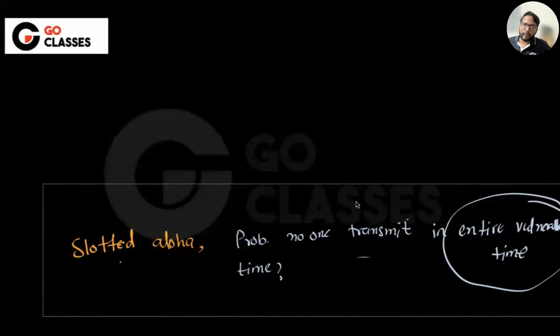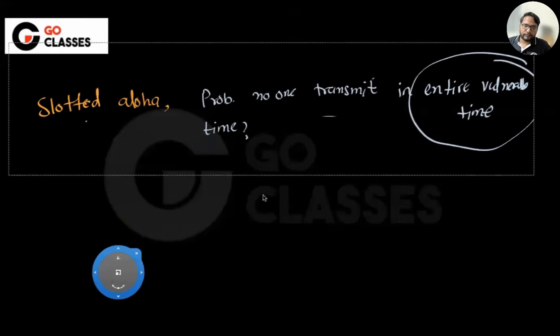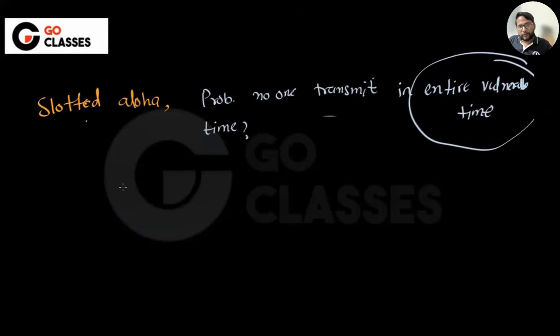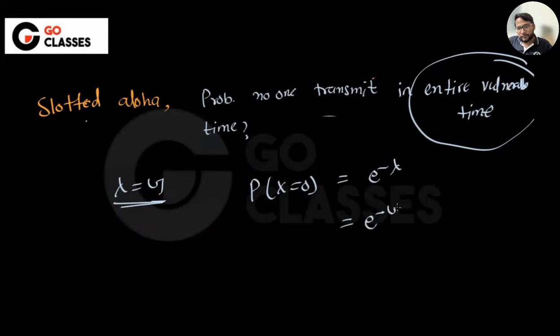Do you need to modify your lambda? Tell me, what is the answer you will be getting? Lambda will be just G, right? So probability of x being 0 is e power minus lambda, which is e power minus G, because the vulnerable time here is just T, because it is slotted Aloha.